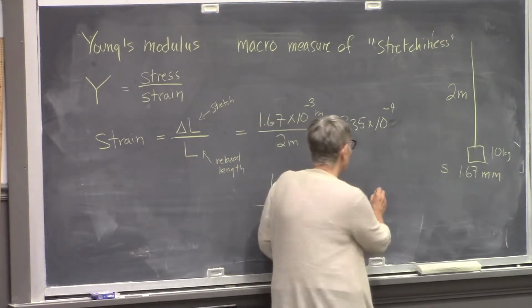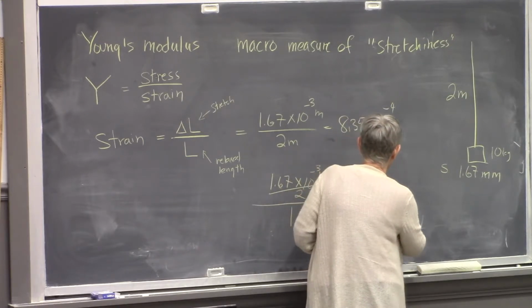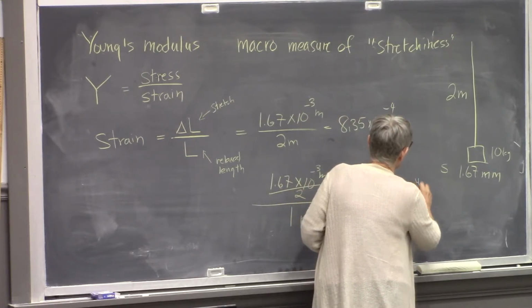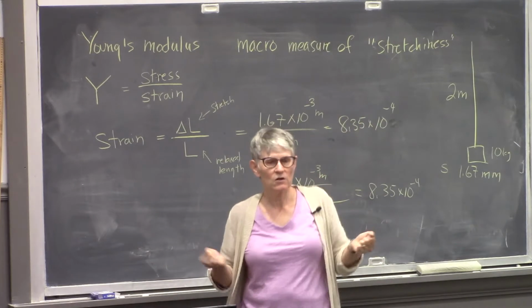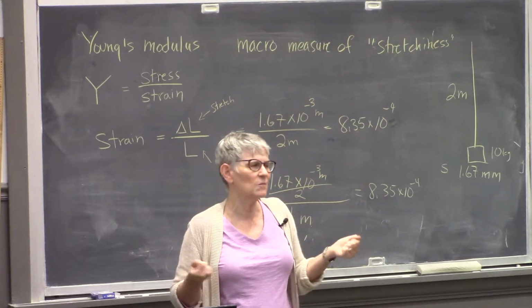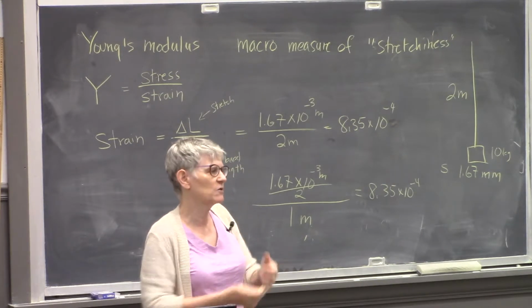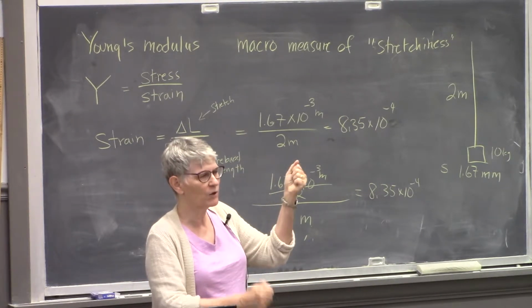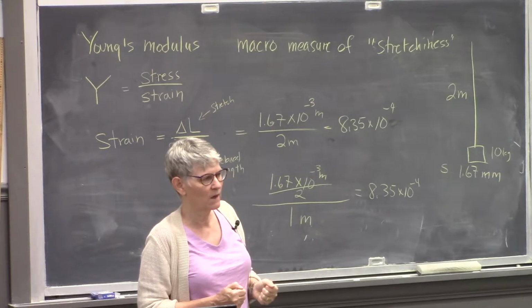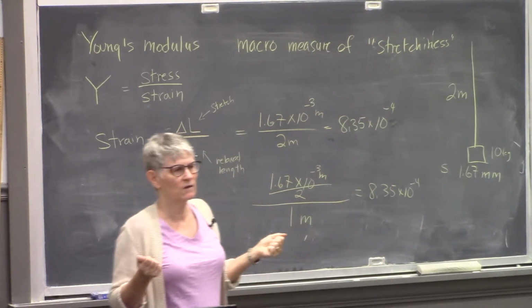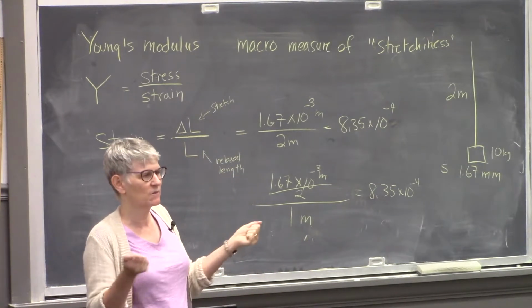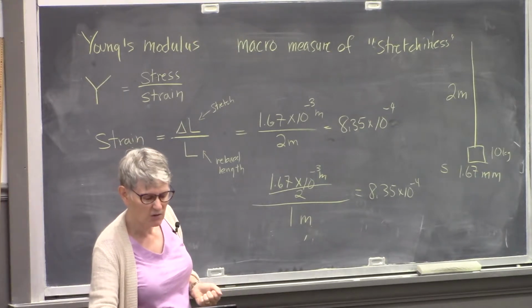Exactly the same. So this is independent of the length, because it's a fractional stretch. It's independent of the length of the wire, which means that we're getting rid of one geometric factor. Now the other factor we'd like to get rid of is cross-sectional area, because we want something that's independent of the cross-sectional area of the wire.